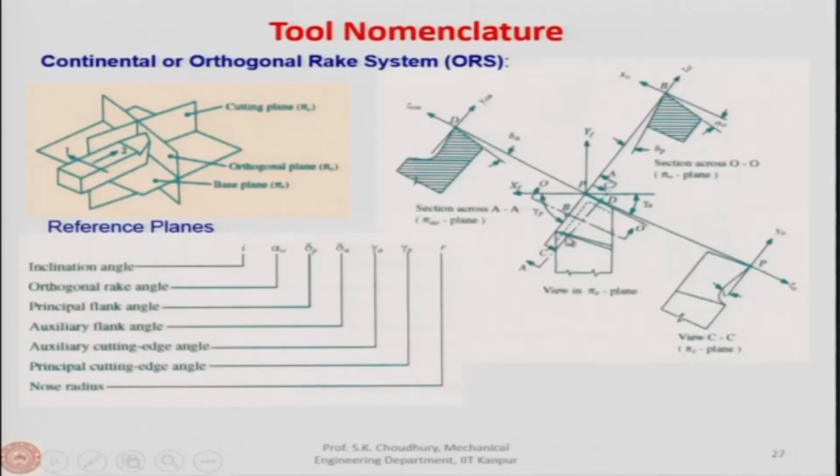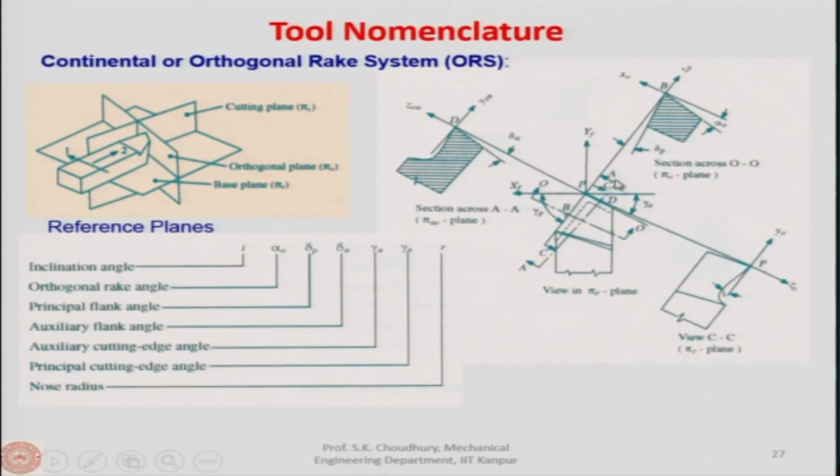Now, again here we will hatch it because this is the sectional view. Whereas in CC this was a view, as I said, like if you see the tool from here perpendicular to this.